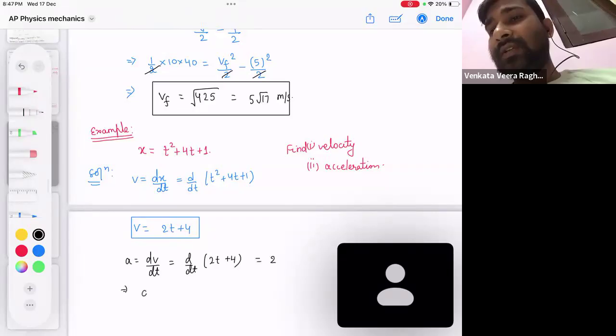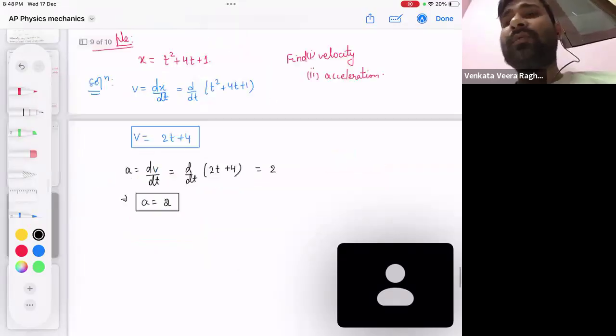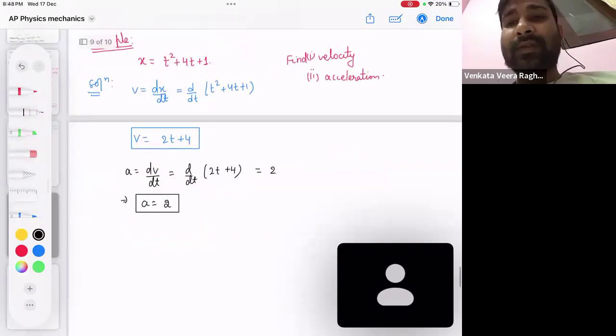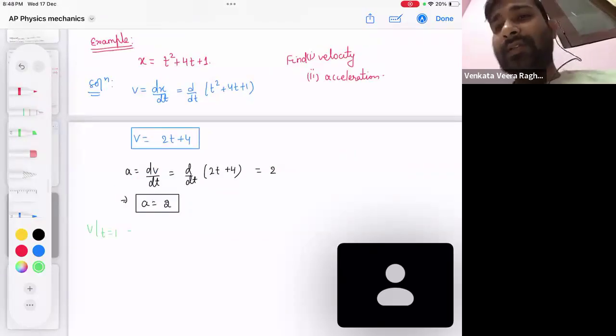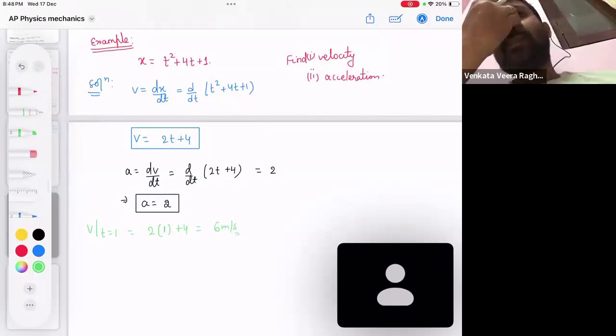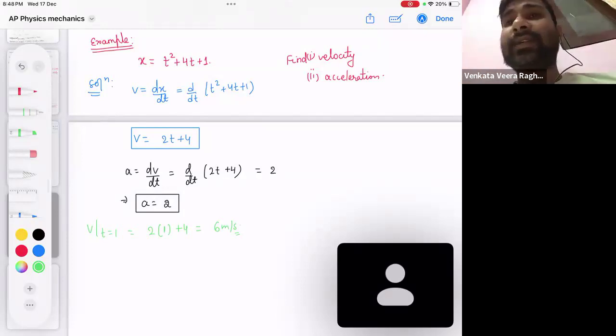So acceleration is coming constant in this question. If I ask you what is the velocity at t equal to 1, you will put t equal to 1 in the velocity expression, and we will get 6 meter per second, right? Whichever point or time they ask the velocity, we will be able to answer that.